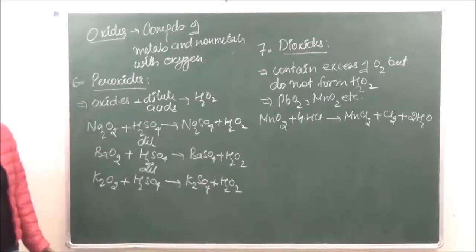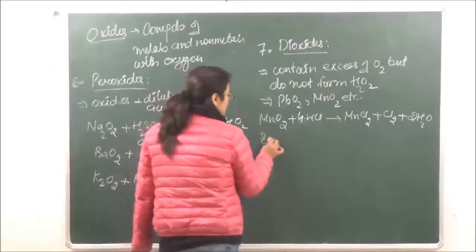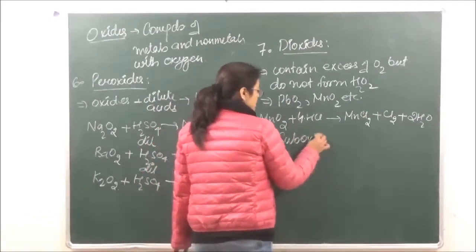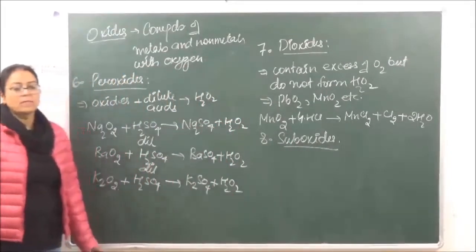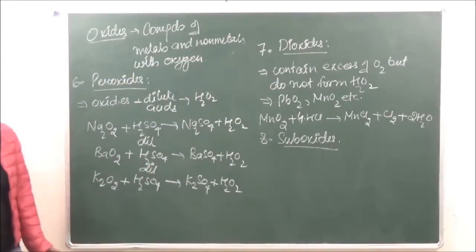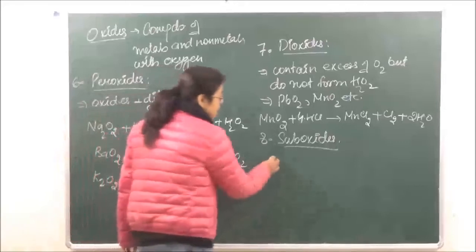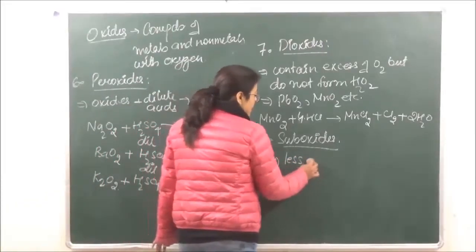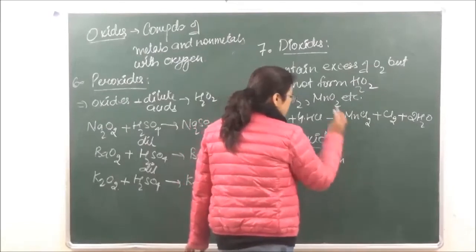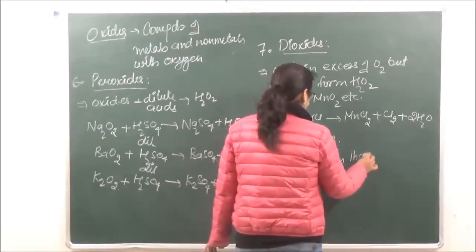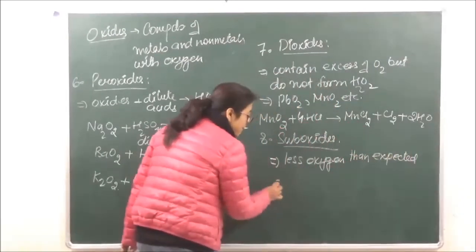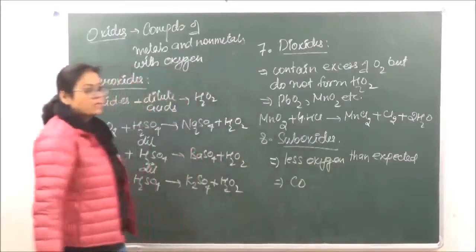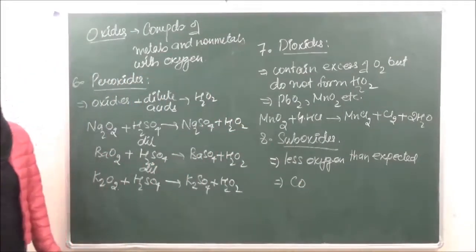Next हमारे पास आते हैं suboxides. Now, what is a suboxide? Suboxides have less oxygen than expected from normal. Sub means less, na? जैसे for example, we have carbon monoxide, which has less oxygen.